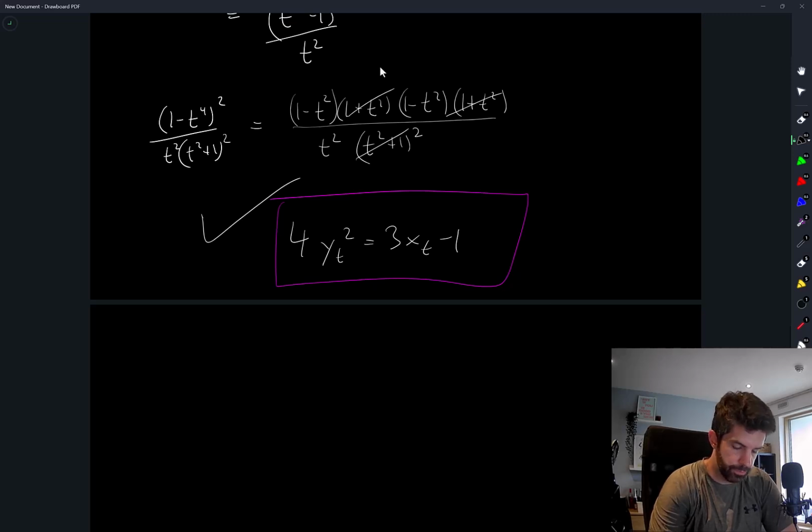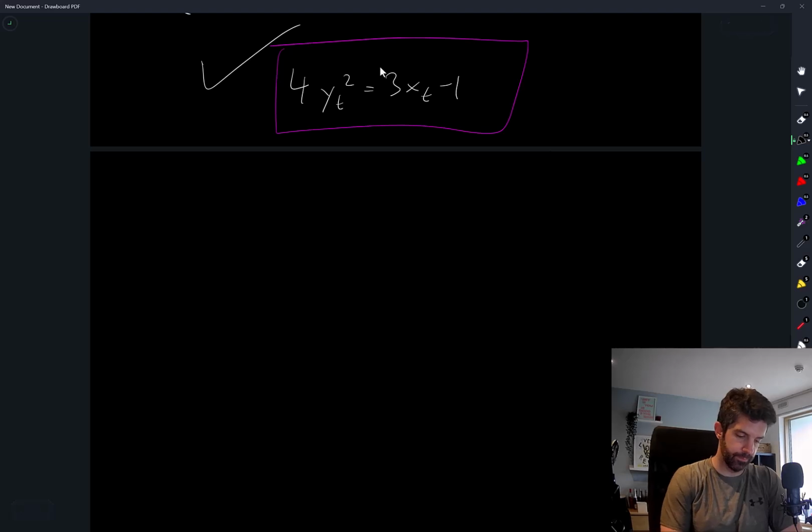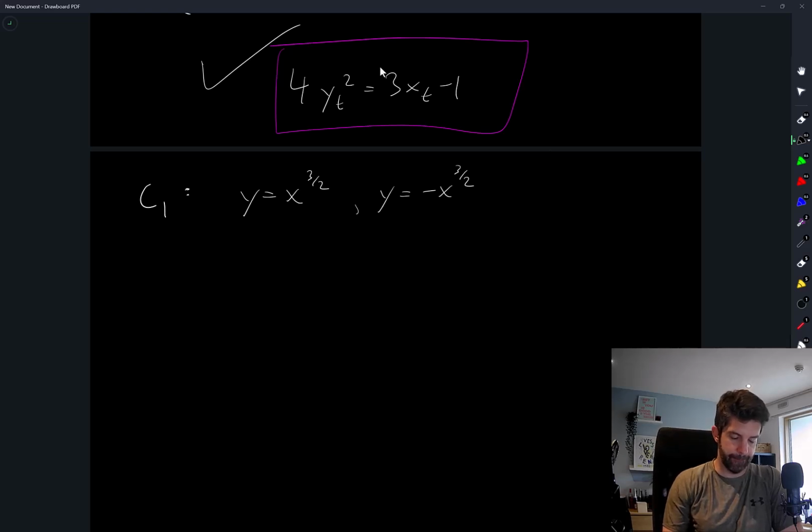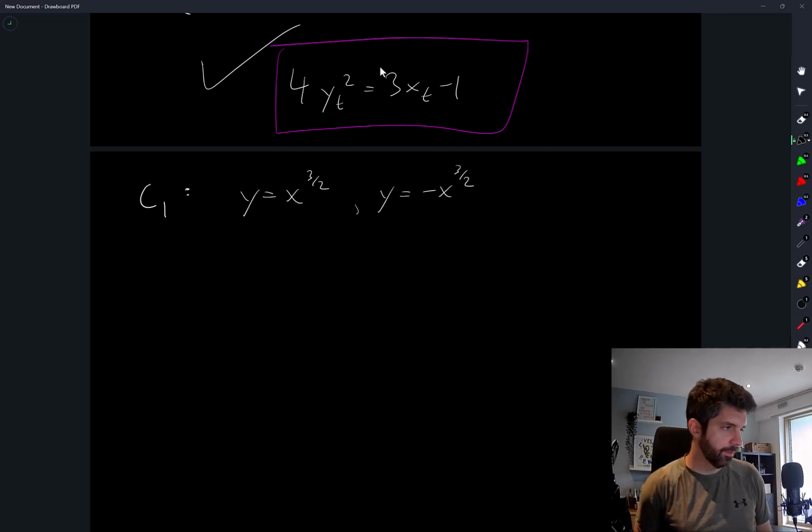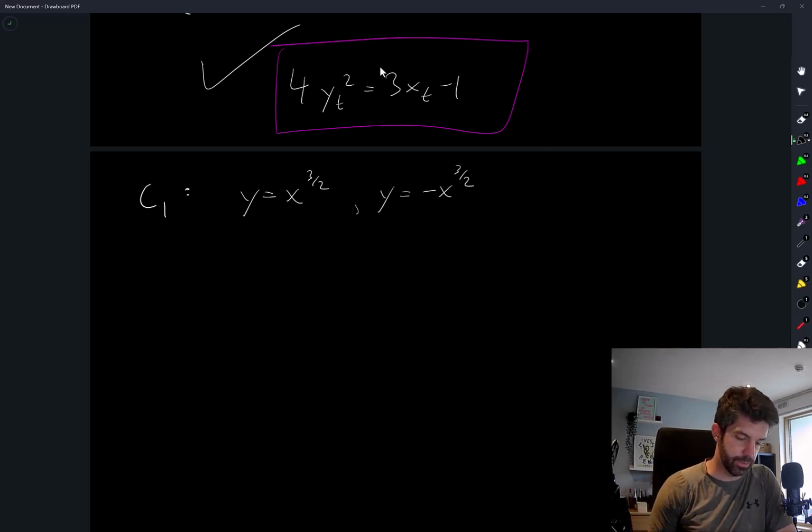Determine whether C1 and C2 meet. Well, C1 is basically, like I said earlier, y is equal to x to the 3 over 2 and y is equal to negative x to the 3 over 2. And this is a parabola opening in which direction?